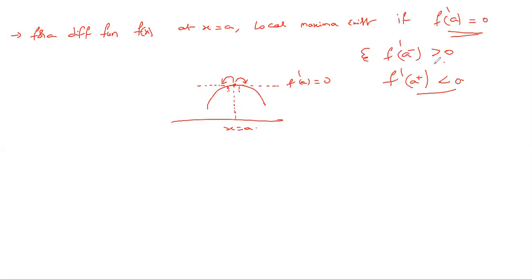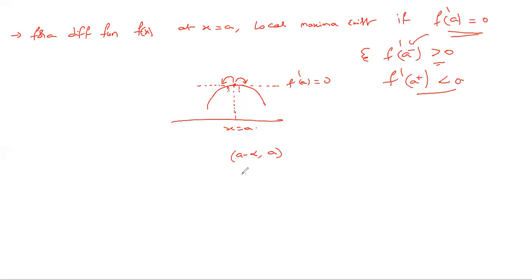Whenever f is increasing, f dash of a minus is more than 0. So in the interval a minus alpha to a, the function is increasing, then f dash of a minus should be greater than 0.